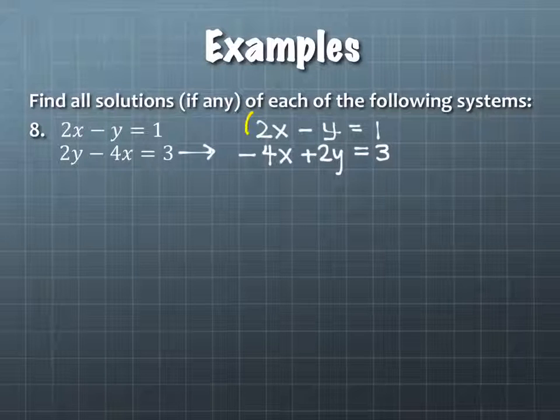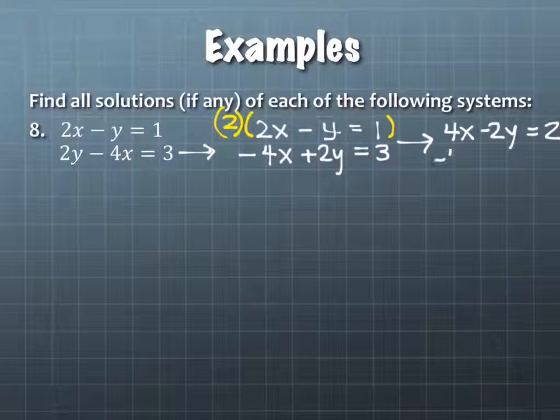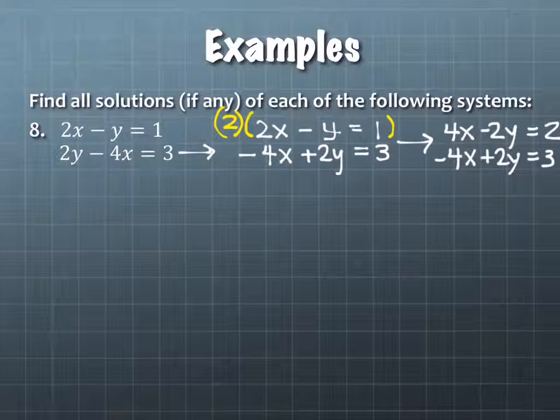So the top equation becomes 4x minus 2y equals 2. The second equation doesn't need to change because it's already got the negative 4x, and then plus 2y equals 3.